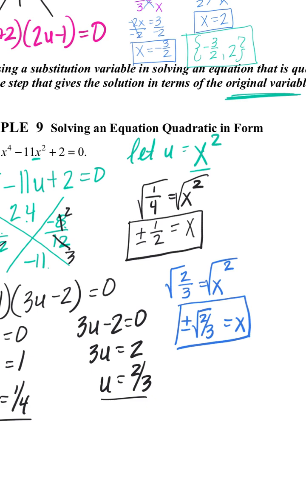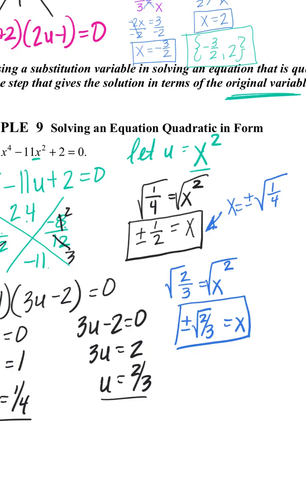Now, you could say x is plus or minus the square root of 1/4, but since 1 and 4 are perfect squares, this is kind of where you want to simplify. 2 and 3 are both prime numbers, so you can't take the square root of either one. So you would leave your answer like that.